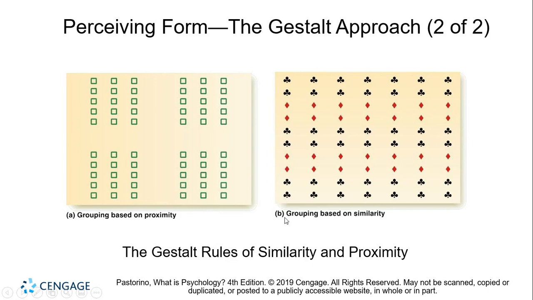Even though, yeah, technically speaking, that is a column like that. But most of us group by similarity. And so it's easier to say that there are 2 rows of clovers and then 2 rows of diamonds. 2 rows of clover and then 2 rows of diamond. That's just easier, and most of us will group things that way.